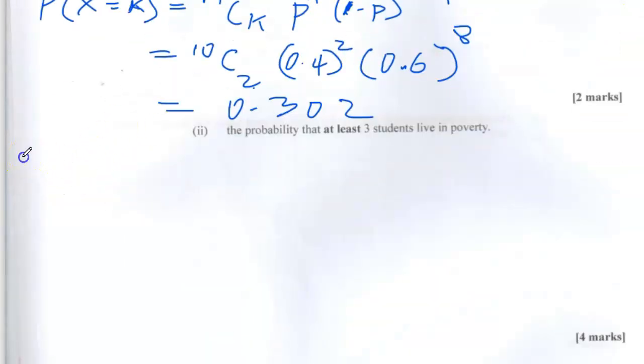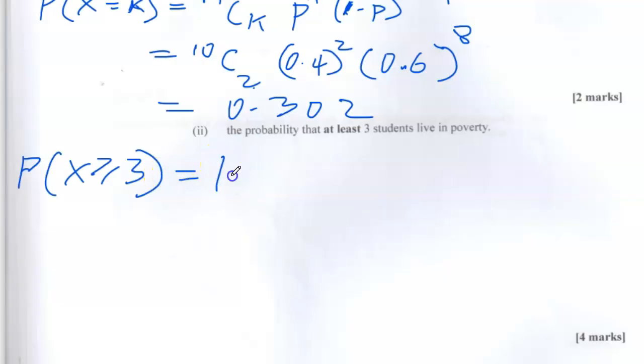So we want to find the probability that x is greater than or equal to 3, which is the same thing as from 3 to 10. But we can also switch it around and say this is 1 minus the probability that x is less than 3.